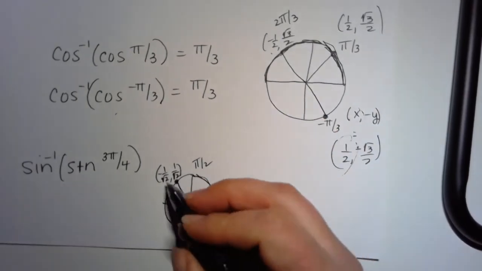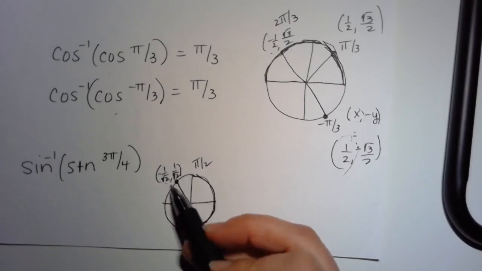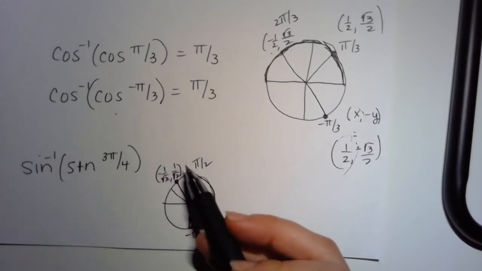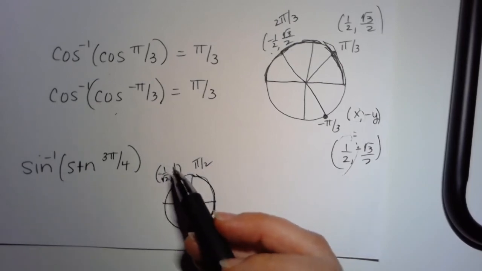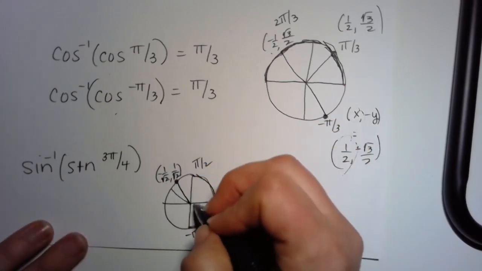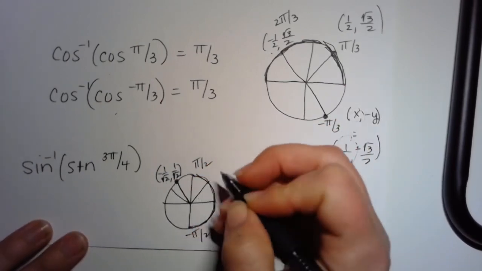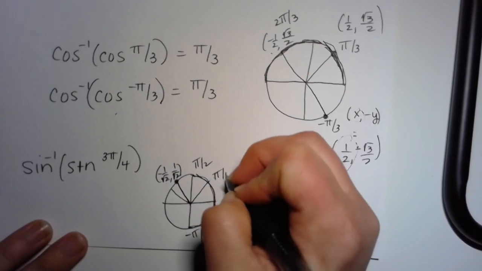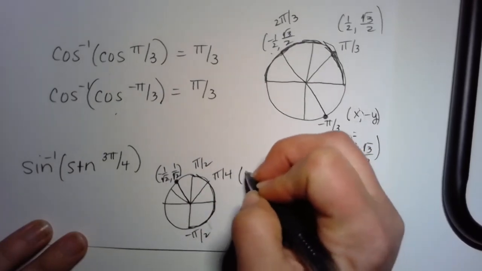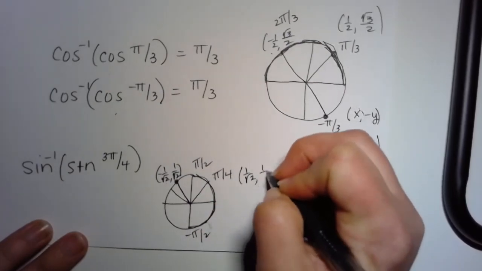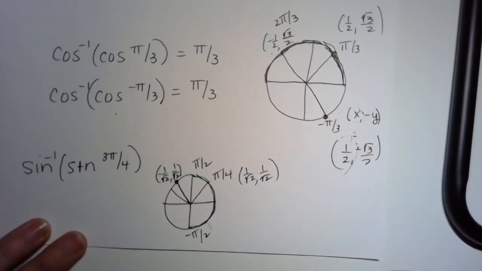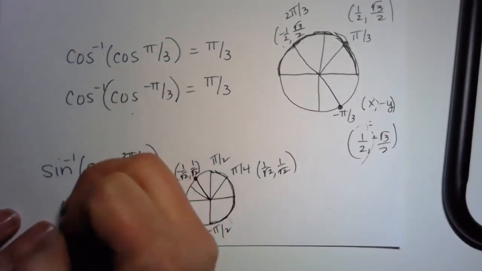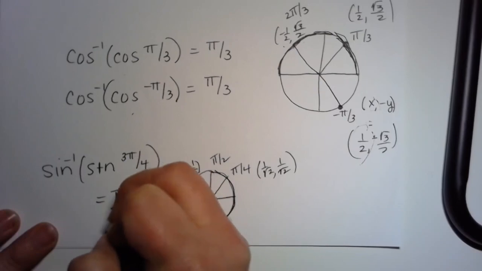So I want to choose a value whose y value, because sine is the y value, is the same as this one. And since it's positive, it has to be up here, and that would be this positive pi over 4 over here, because it has the coordinates, right? So this is pi over 4.